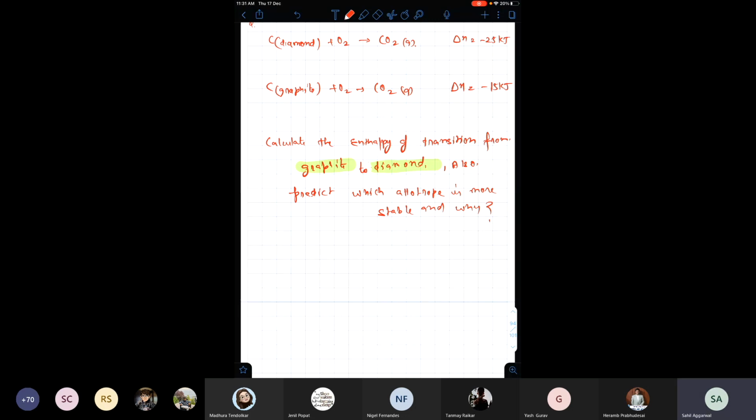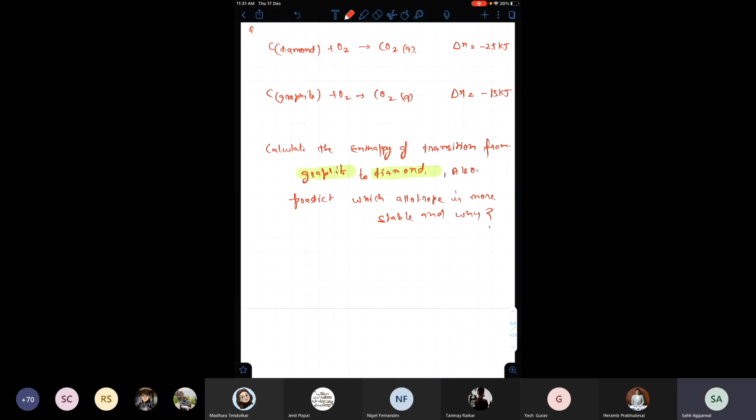Just write down the reaction first. What reaction you want and how you can make that reaction. Because you have to give other answers also. What reaction do we want?